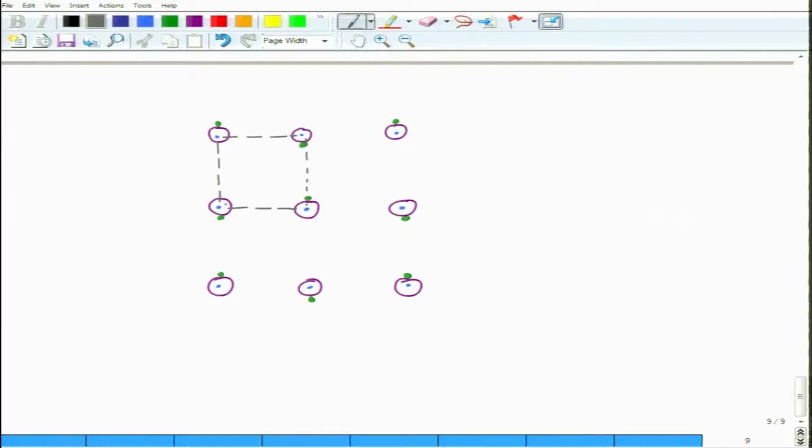What about this? So, this is not. Sorry about the straightness, it is not very straight here. What about this? It is. So, now this is the smallest unit cell.